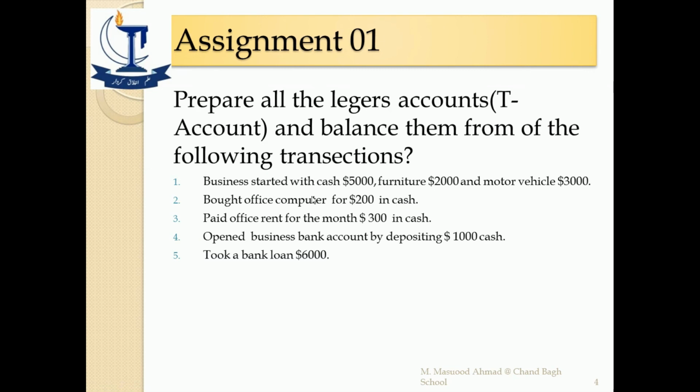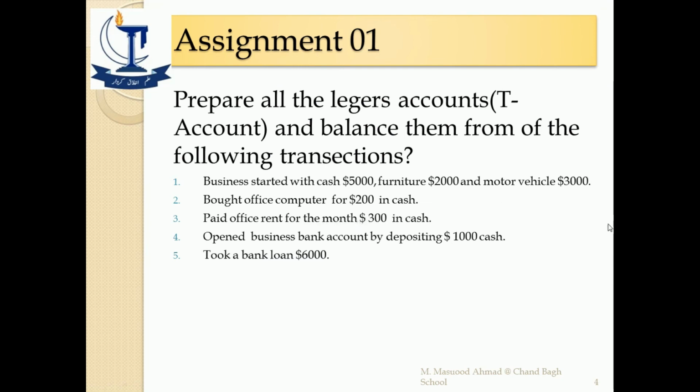In addition to cash, you have to prepare a new account, that is office equipment. In the third, you paid office rent, so you have to prepare a rent account, and cash is involved.